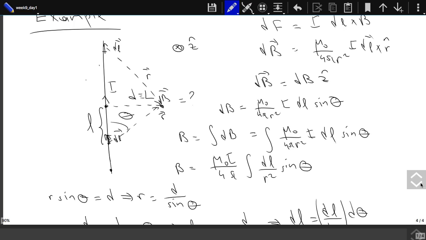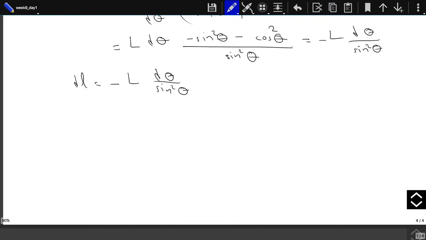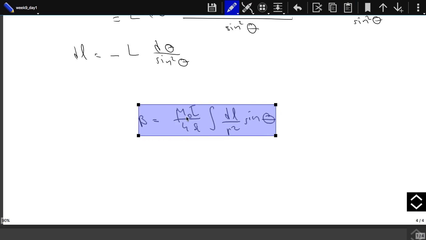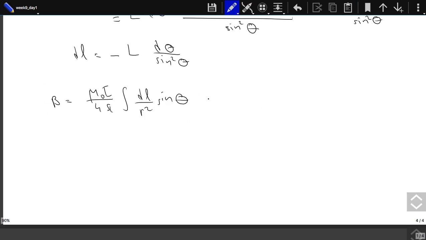So let's see, this is our dB. Or this is our B. This is equal to minus mu 0 I over 4 pi L. Instead of dl, I have d theta over sine squared theta.